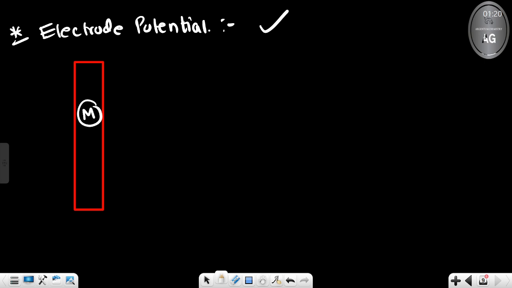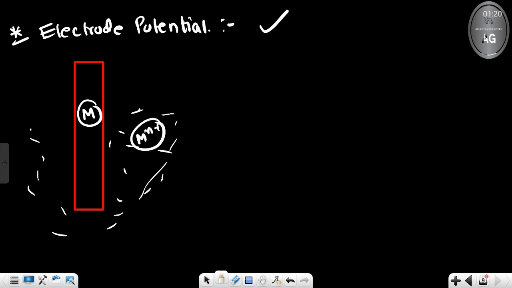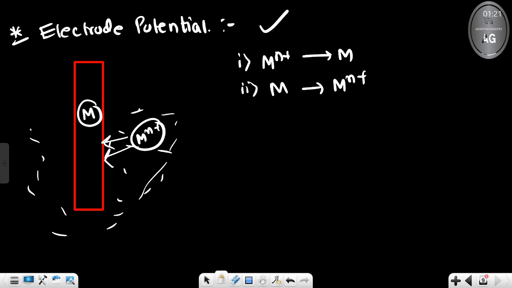Suppose I have a solution around it, this is my electrolyte, and this electrolyte has M^n+ ions. Now these M^n+ ions will come and collide with the metal. There are three conditions that can happen over here. First condition, M^n+ becomes M. Second condition, M becomes M^n+. Third condition is no change.